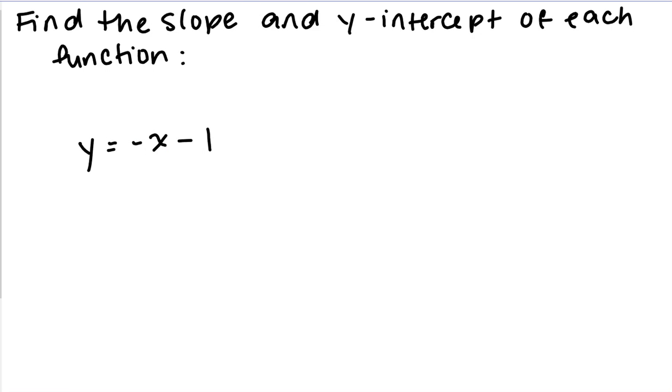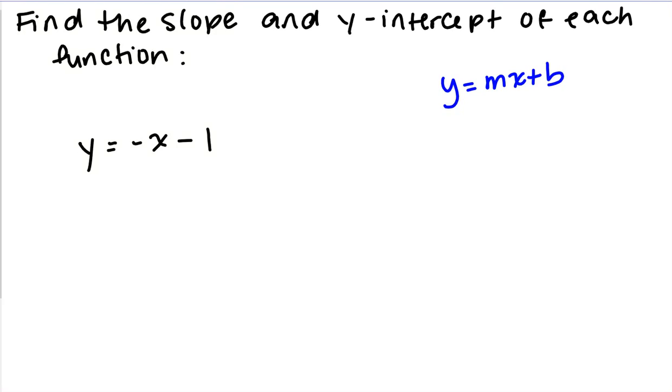So let's find the slope and y-intercept of each of these functions without even looking at a graph, just looking at the equation. We know it's written as y equals mx plus b, so we'll put this here to remind us. When we look at this function, we see y equals negative x minus 1.